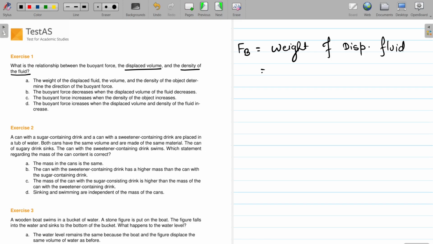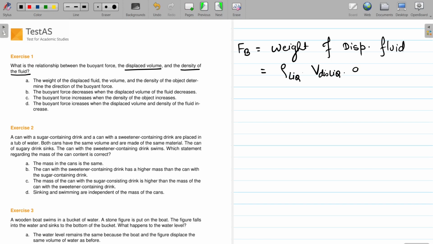This is applicable in fluid. Fluid may be your liquid, maybe your gas, right? So weight of displaced fluid. How can we write the weight? It should be written as density of the fluid, volume of displaced fluid, into g.